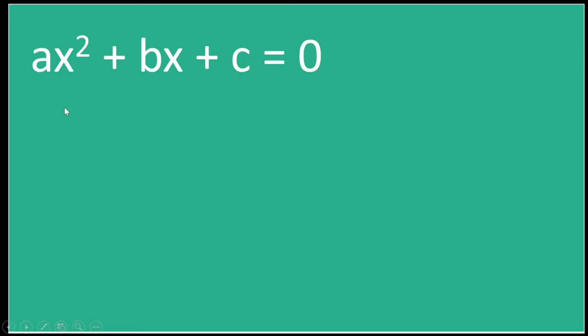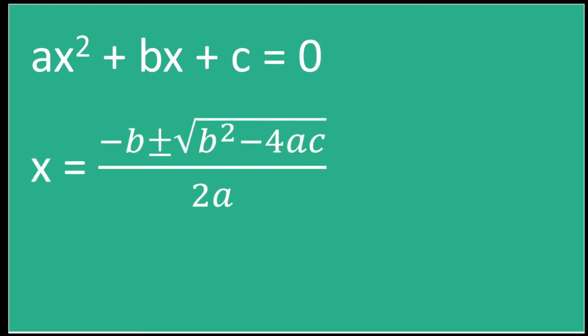Now let's start the derivation of the quadratic formula, which is x equal to minus b plus minus square root of b square minus 4ac divided by 2a. How can we obtain this formula from the standard form of the quadratic equation?